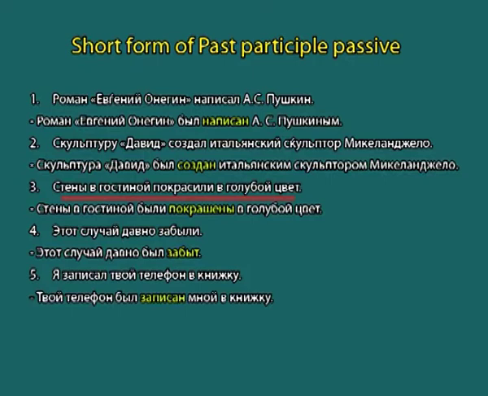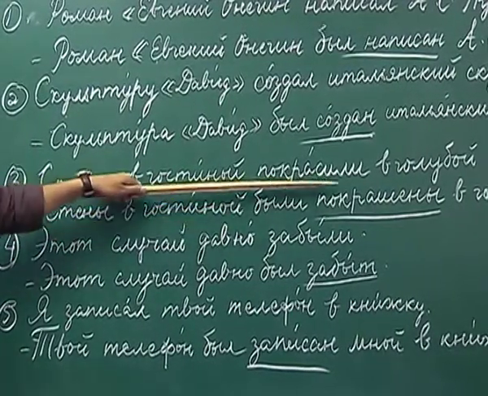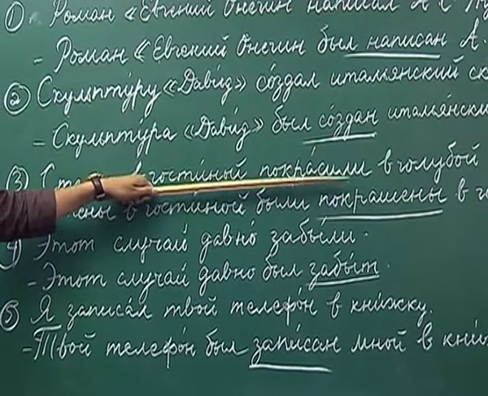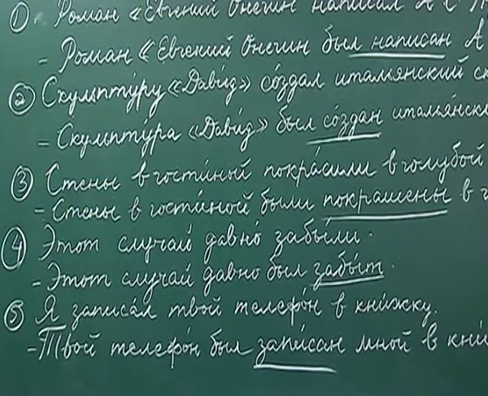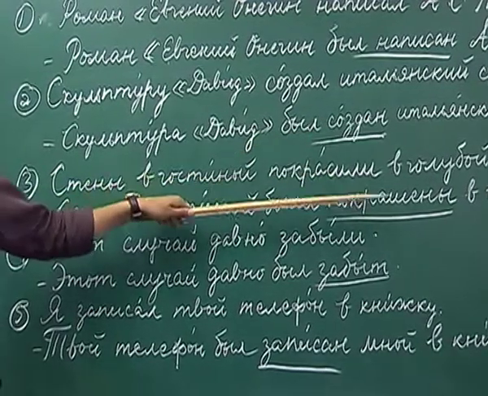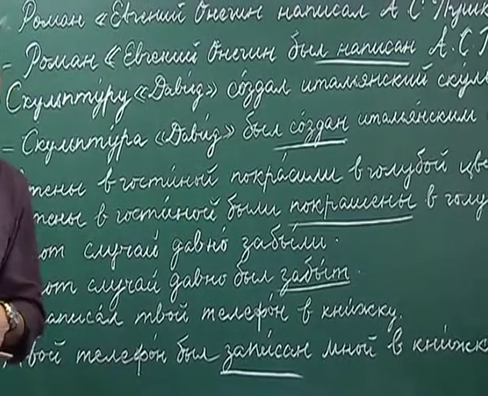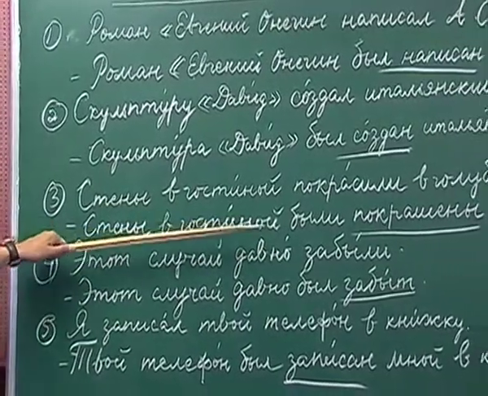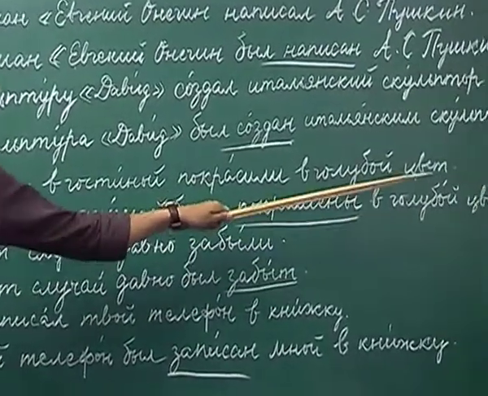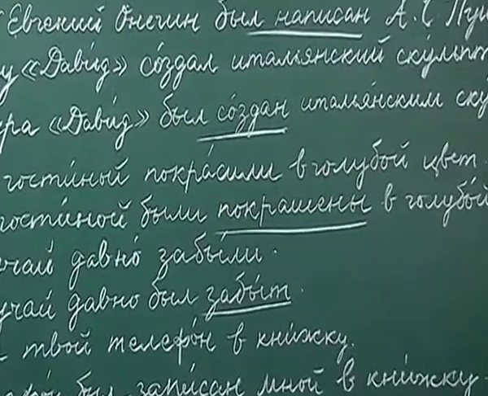How will you change this active construction into passive, using the short form of the past participle passive formed from the verb pokrasit? Pokrashenny, and from pokrashenny the short forms are pokrashen, pokrashena, pokrasheno and pokrasheny. Steny gostinoy byli pokrasheny v goluboy tsvet. Again we are using the short form of the past participle passive.